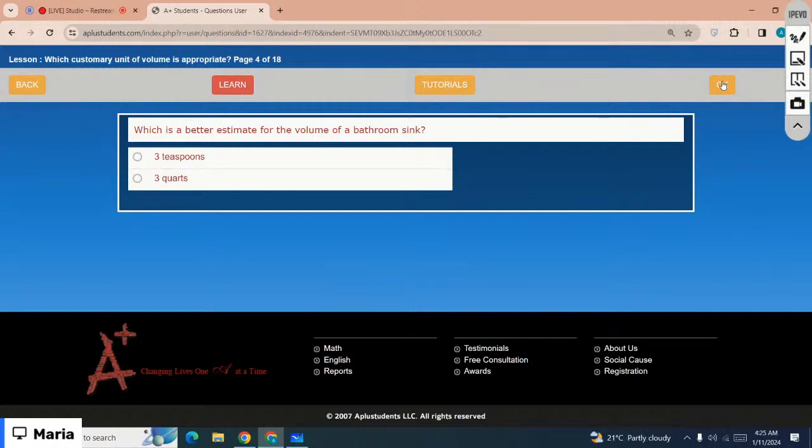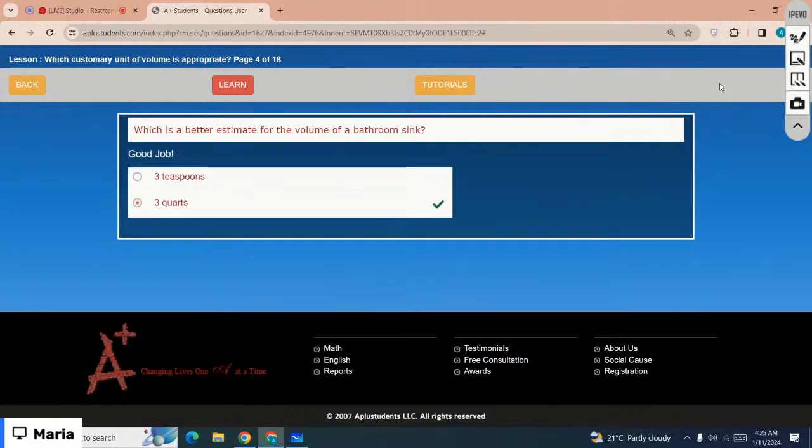Bathroom sink it is, right? So is it 3 quarts or 3 teaspoons? Yes, that would be 3 quarts because 3 teaspoons is much smaller, right?